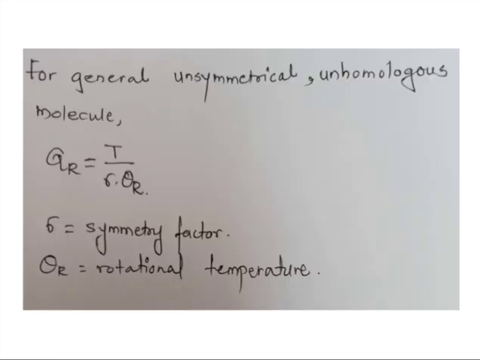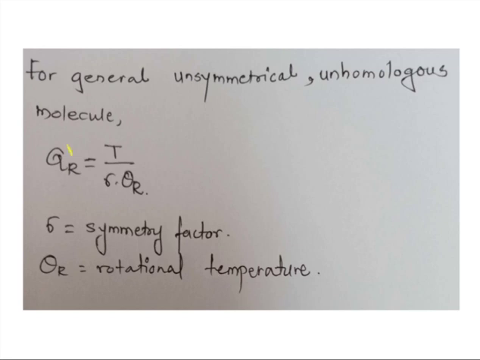So for any general molecule, the QR, or the rotational partition function value, is equal to T upon sigma into theta R. T is the thermodynamic temperature, sigma is the symmetry factor, and theta R is the rotational temperature.